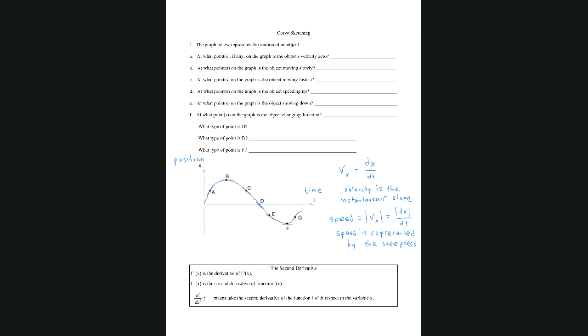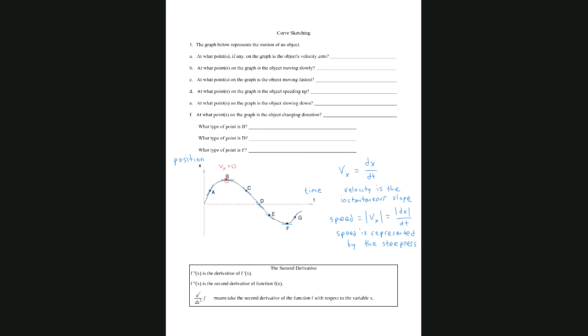They're called tangent lines. Now, are there any places where the slope of the tangent line is zero? And the answer is, of course, yes, right here at B. At the peak there, the local max, we see that the speed and the velocity are both zero.